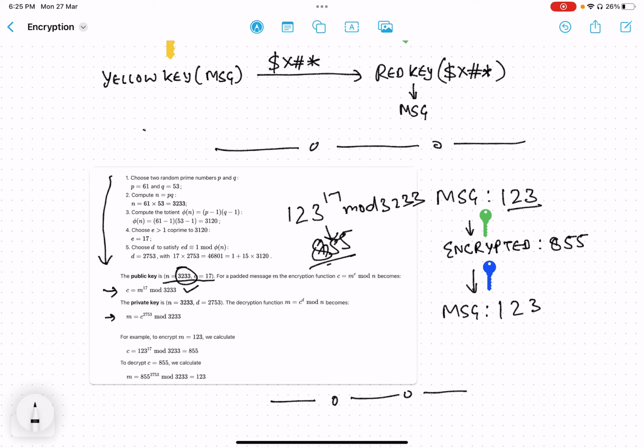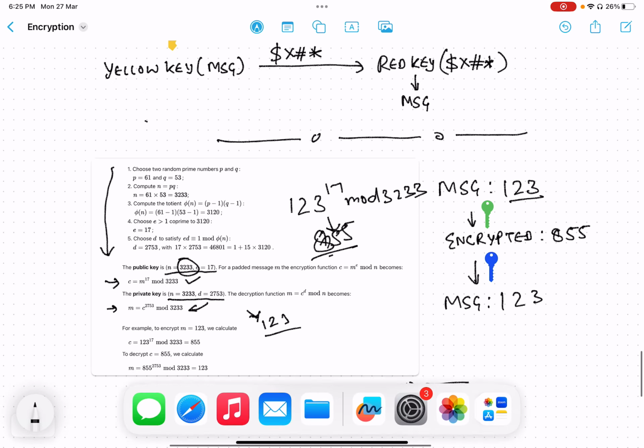What now? How do you read that? The person who holds the private key knows that the private key has these two values, and he is able to use those two values in another function which gives the number 123, the original number, back again.